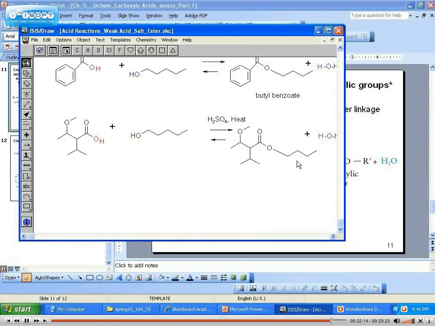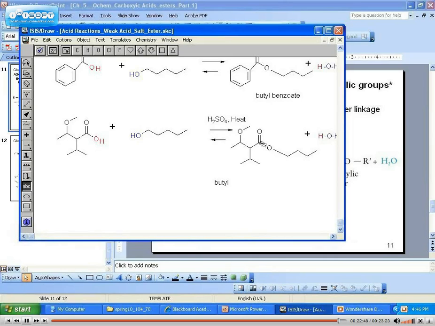So in this case right here, the proper name for this one, starting with the single bonded oxygen and its alcohol group, would be 1, 2, 3, 4, butyl, giant space, and then the rest of this. So in this case, carbon 1, 2, 3, 4. Parent is 4 carbons.